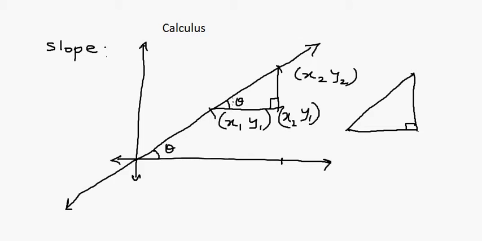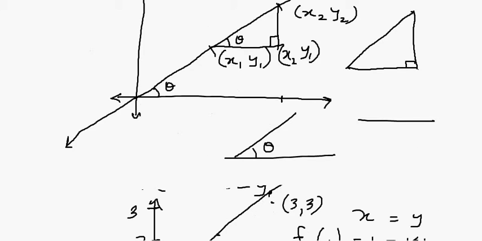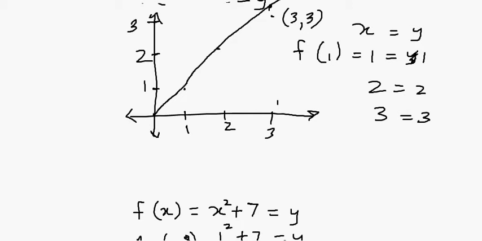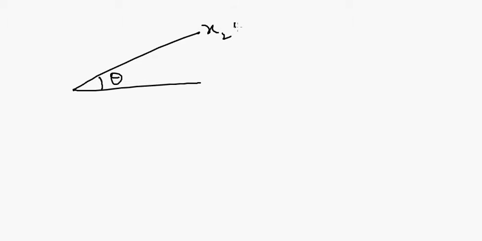So this line makes an angle theta with the x-axis. It's not parallel to the x-axis, it's inclined. That's from the previous video. Let me draw this again. Just a line, and that's inclined. x2, y2, x1, y1.